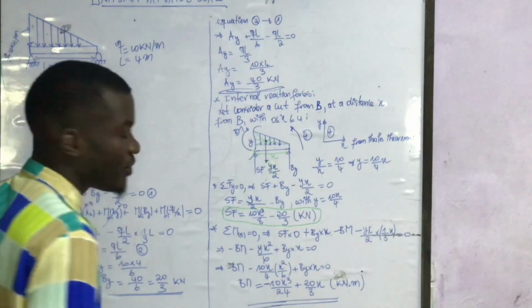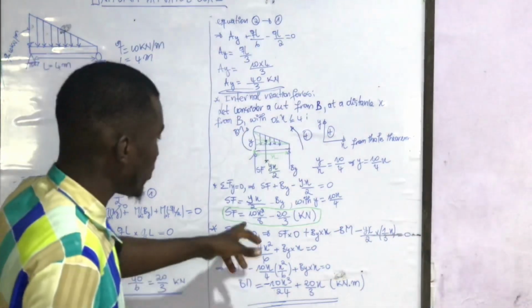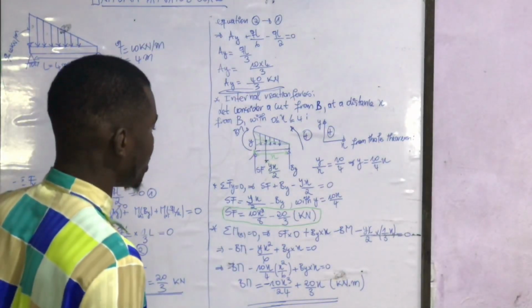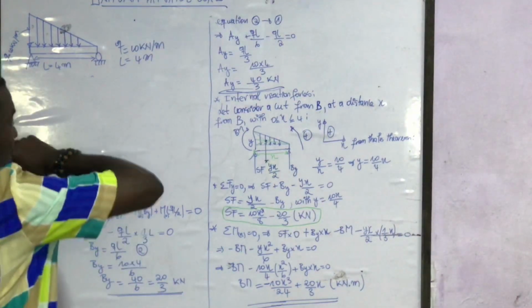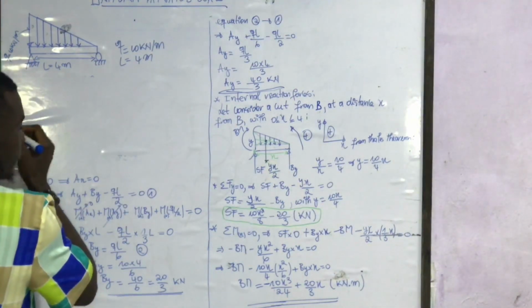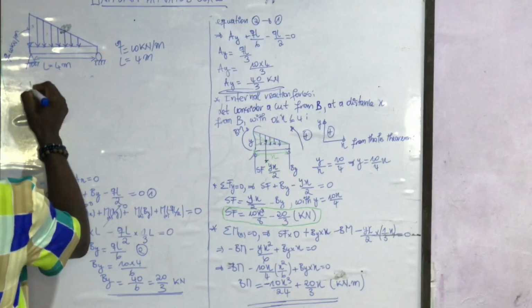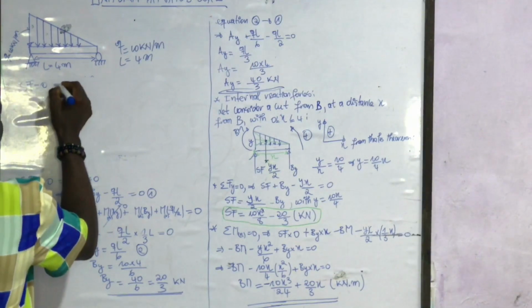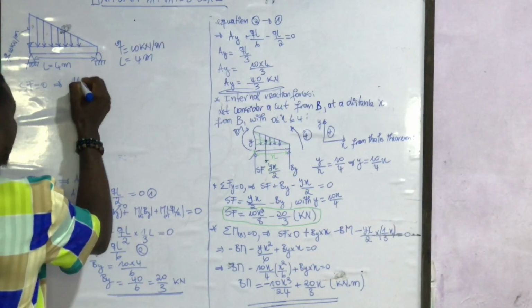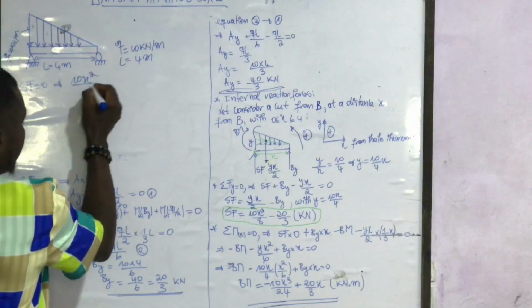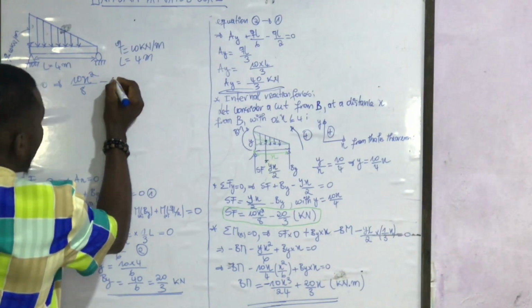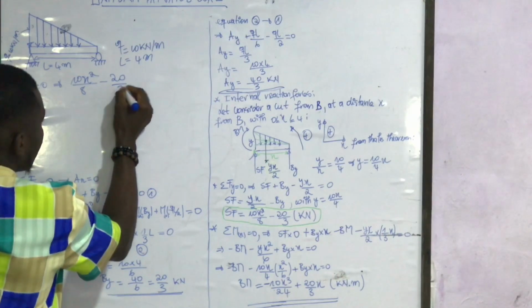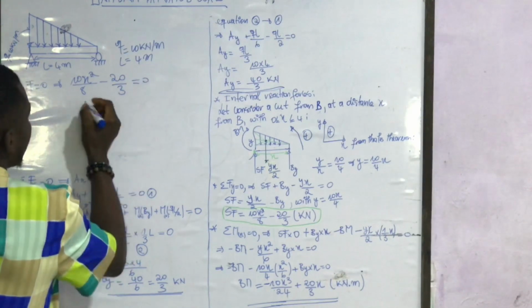So to have the maximum bending moment, we are going to solve the equation of the shear force equal to 0. So shear force equal to 0 implies that we'll have 10x squared divided by 8 minus 20 over 3 equal to 0.